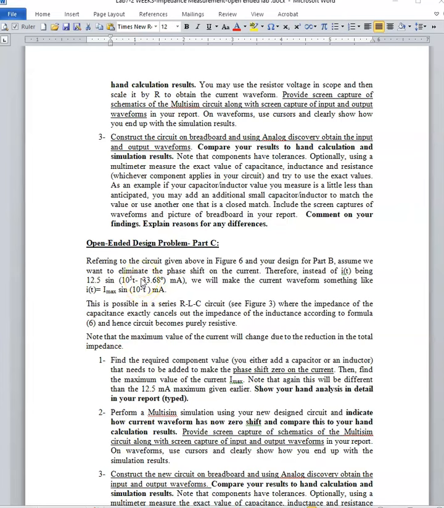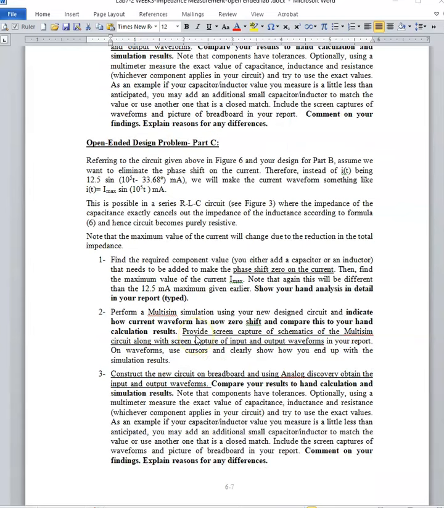So we're just going to have a purely resistive circuit. Once you have an RLC circuit reconstructed, your current should be something like 12.5 sine omega t without any phase delay. This is going to be first calculated again.